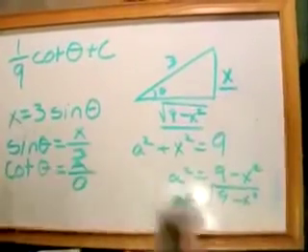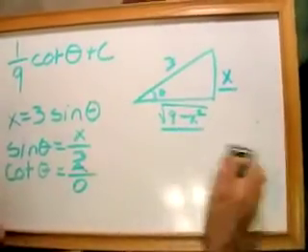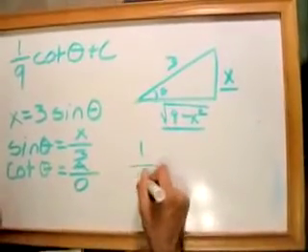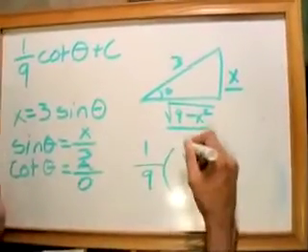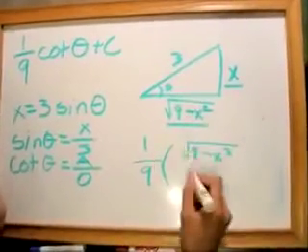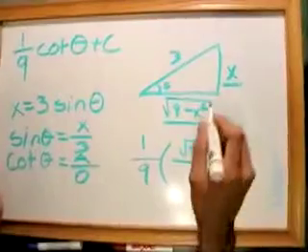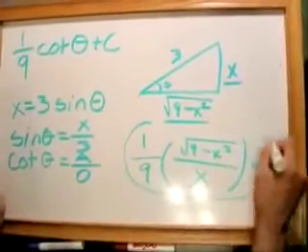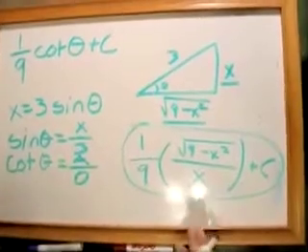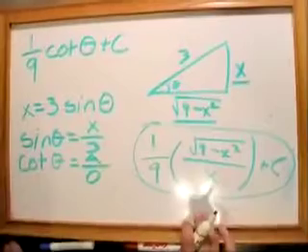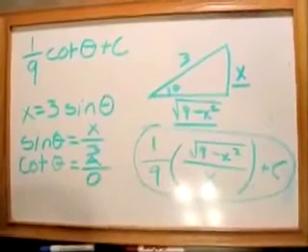So if we write our final answer, it would be 1 over 9 times the square root of 9 minus x squared, that's the adjacent to theta, over x, that's the opposite, plus c. So this is your final answer, going from regular algebra to trigonometry and back to regular algebra and integrating.